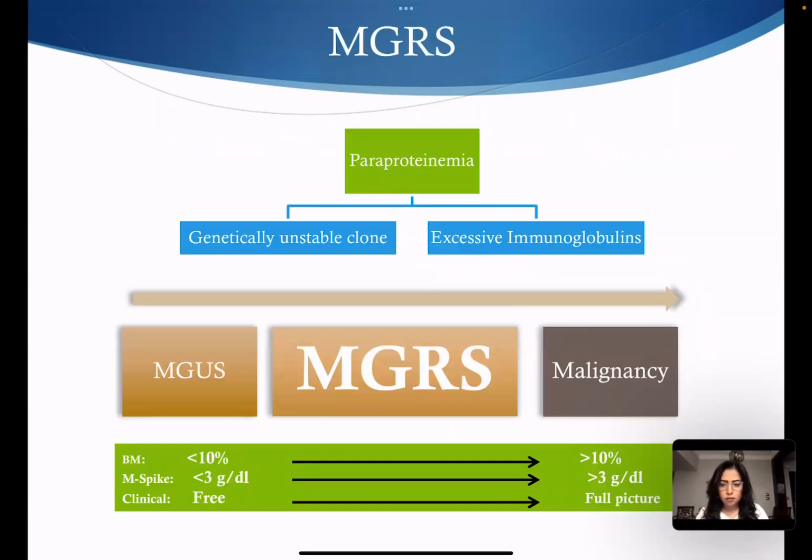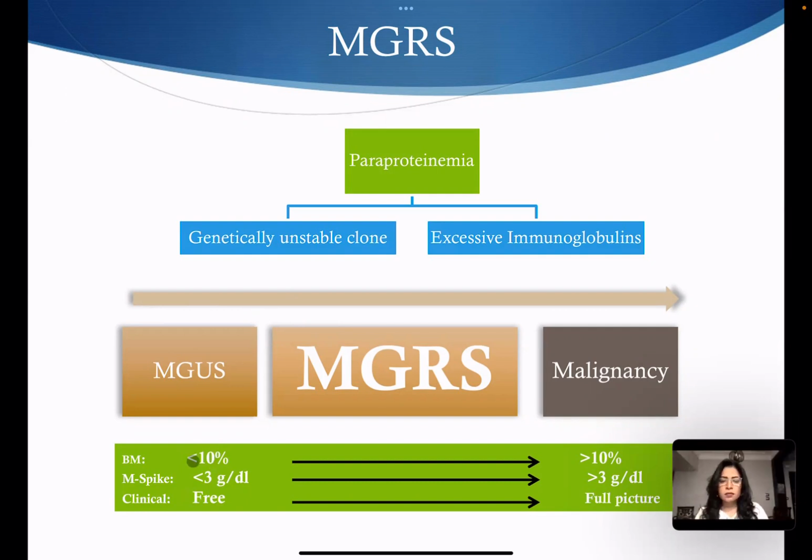Simply, it's a paraproteinemia, as we've mentioned previously: a genetically unstable clone with excessive immunoglobulin appearance in the circulation or in the tissues. It can be an MGUS, the monoclonal gammopathy of undetermined significance, and you have to have these three criteria.